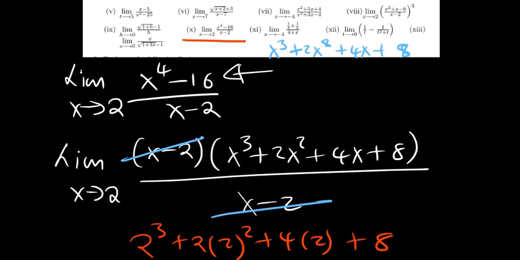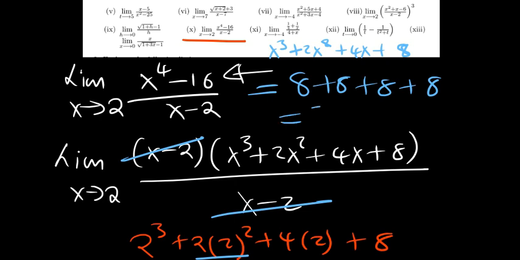So 2 to the power 3 is 8. 2 squared is 4 times 2, that is 8 again. This is 8 again. That is 8 again. So the answer is 8 times 2 is 16 times 2 is 32. So that's how we handle this question. Simple and straightforward.